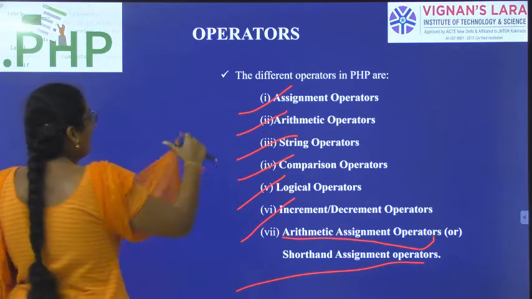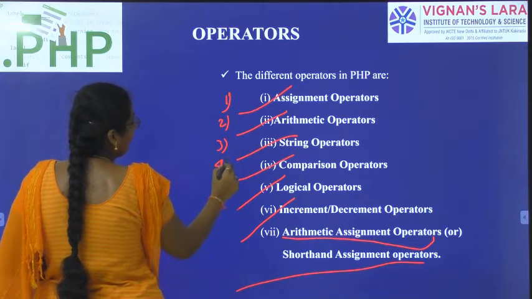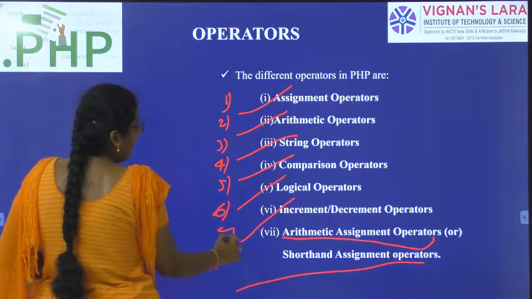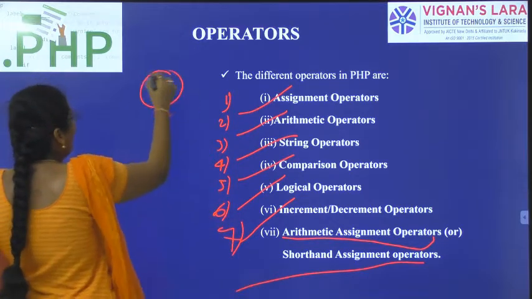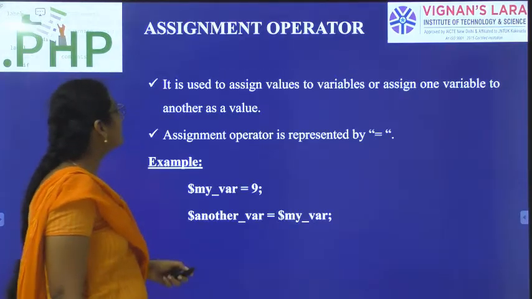We have 7 different types of operators in PHP. Let us see one by one.